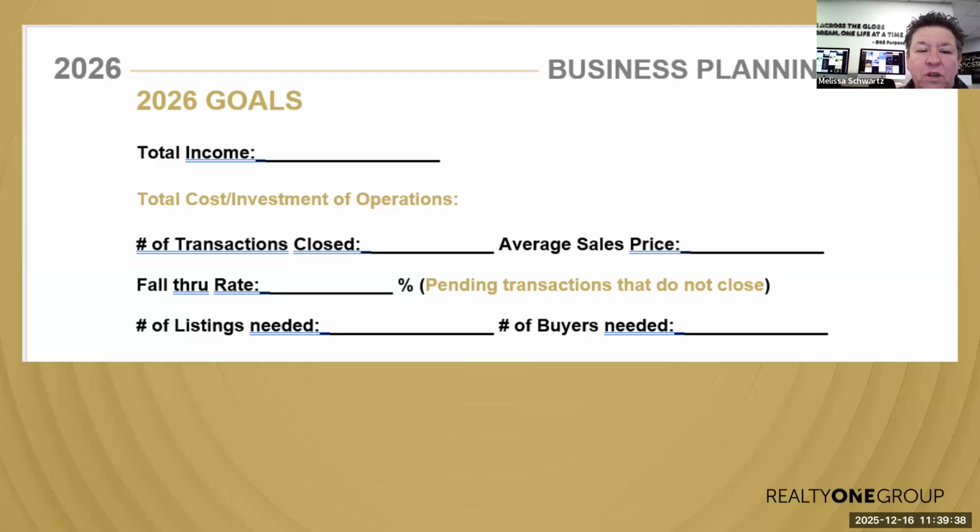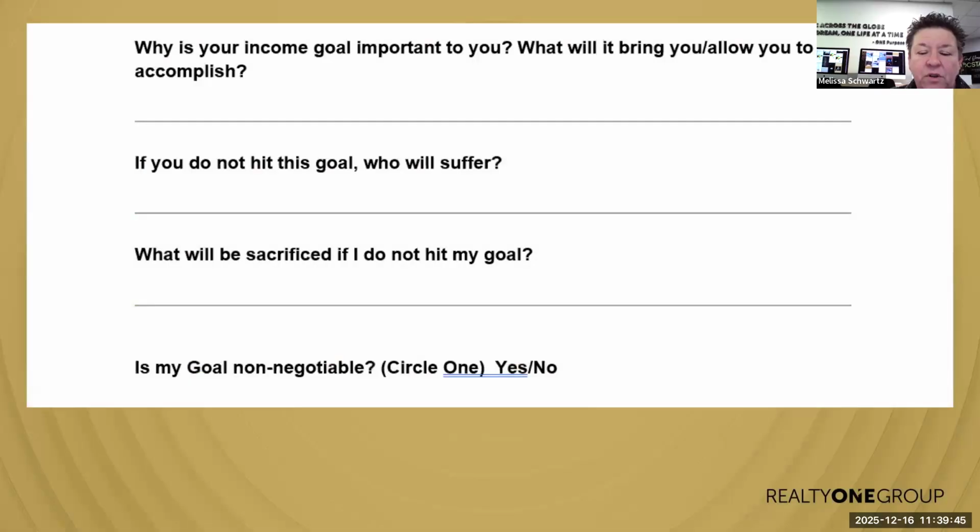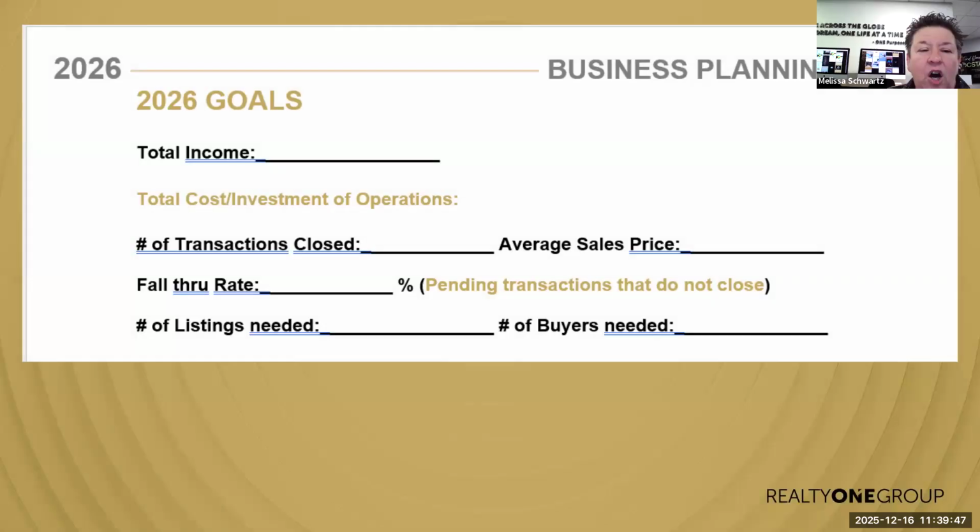Cost investment closed, fall through rate. Wonder if that's supposed to be 2025. Nope. So, the number of your transactions closed and the average sales price, and then what you think the fall through rate is going to be, right? Pending transactions that do not close. Then how many listings do you need and how many buyers are needed, right?